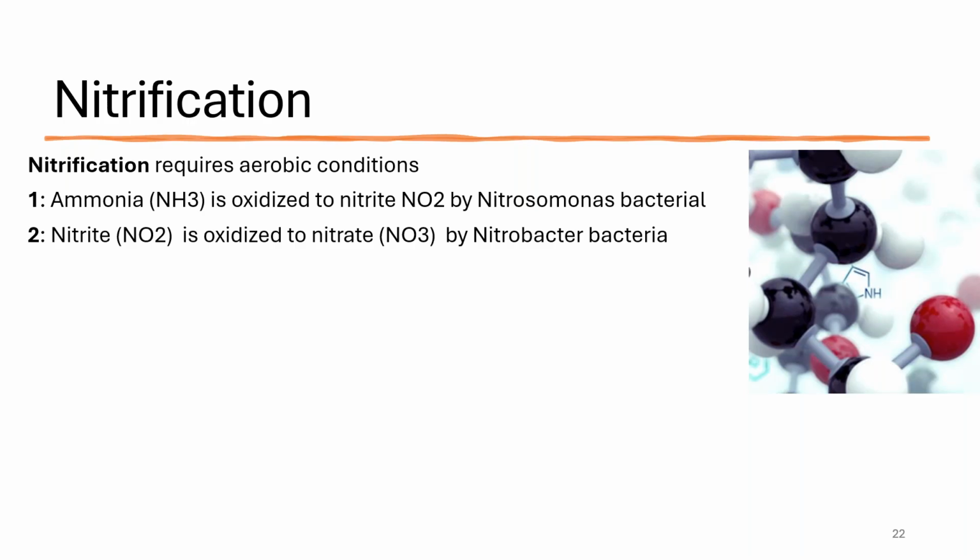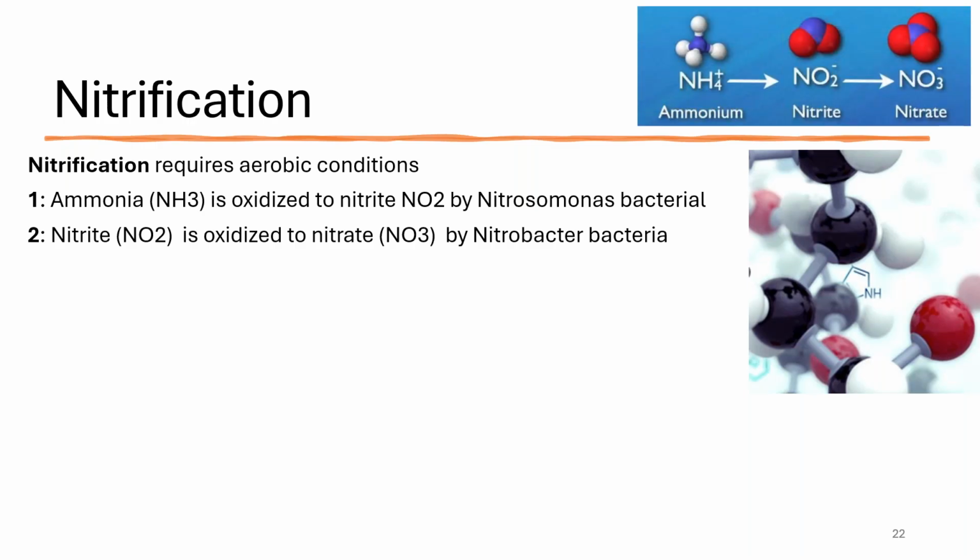Nitrification actually requires two different types of bacteria. We have ammonia, NH3, being oxidized to nitrite by nitrosomonas bacteria, and then nitrite is oxidized to nitrate by nitrobacter bacteria. So there's actually two different microorganisms that are responsible for helping us to nitrify ammonia.